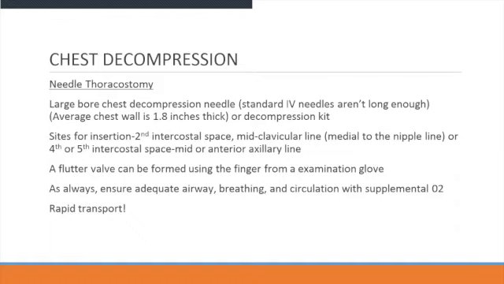The sites for insertion are going to be the second intercostal space, mid-clavicular line, medial to the nipple line, or the fourth or fifth intercostal space, mid or anterior axillary line. You want to have a flutter valve where you can, which can be formed using a finger from an examination glove. As always, ensure adequate airway, breathing, and circulation with supplemental O2 and rapid transport.